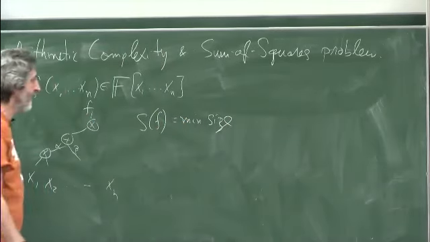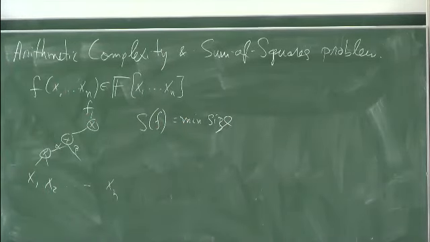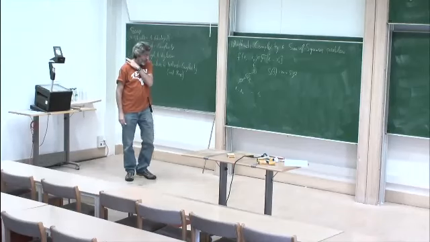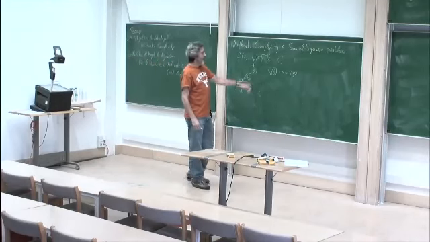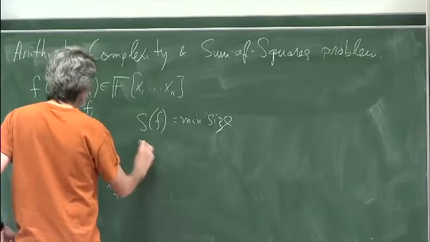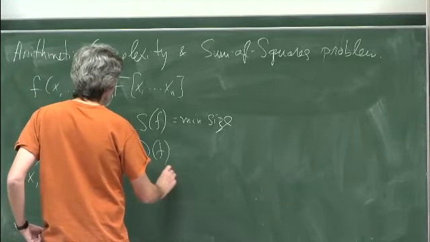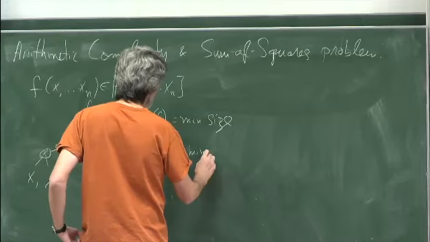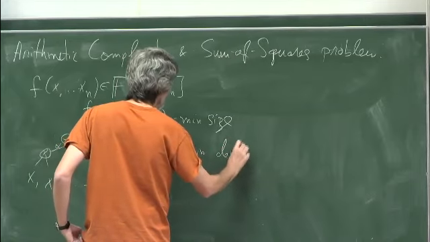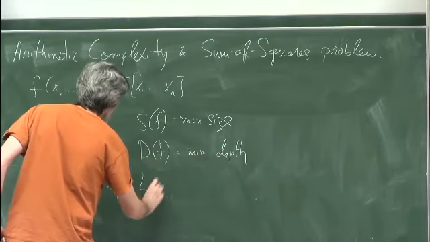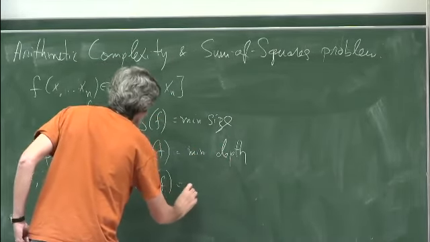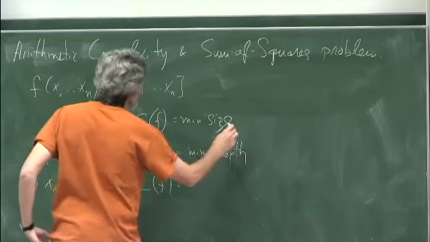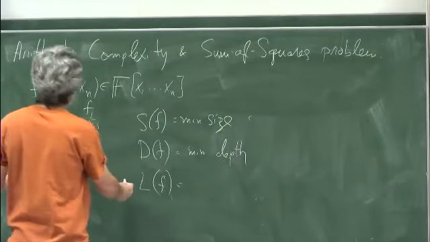And we are mainly interested in this S of f, where this is the minimum size of a circuit computing f. And I talked a lot last time about various results regarding the size and also depth. This is a minimal size. This is called an arithmetic circuit.